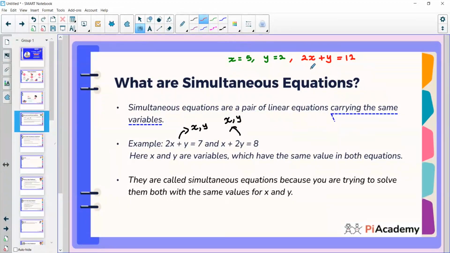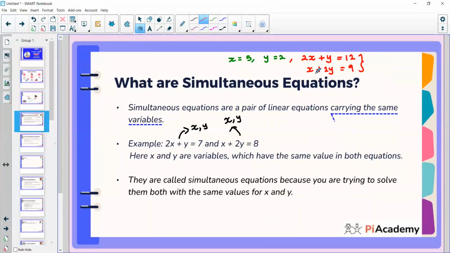Let's see what x plus 2y is. This is again 5 plus 2 times 2, which is 4, which is 9. So now these two are also a pair of simultaneous equations with the values of variables the same in both the equations. For both the equations over here, you have the value of x as 5 and the value of y as 2. So this is what we mean by simultaneous equations.